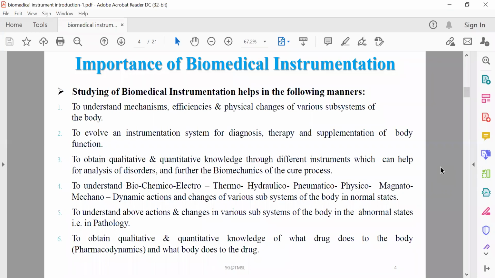Different signals are there, and they are interconnected to each other. The fifth is to understand the above actions and changes in various subsystems of our body in abnormal states. And sixth is to obtain qualitative and quantitative knowledge of what the drug does to the body and what the body does to the drug. We need to understand that.